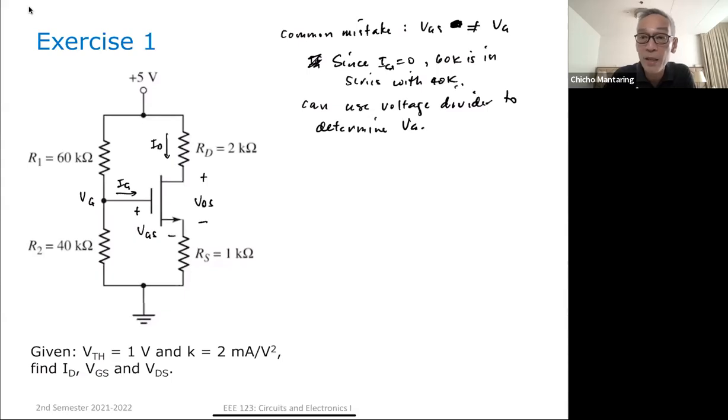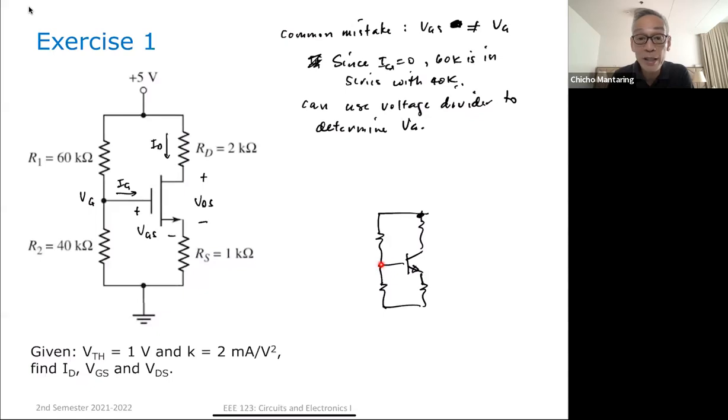By the way, I'd like to mention something about that. Kasi madaming nagtanong sa akin through email when they were trying to solve the BJT problem. There was a BJT problem, something like this. Tinatanong nila, bakit mali yung sagot nila? They used voltage divider to determine the voltage here, sa BJT.